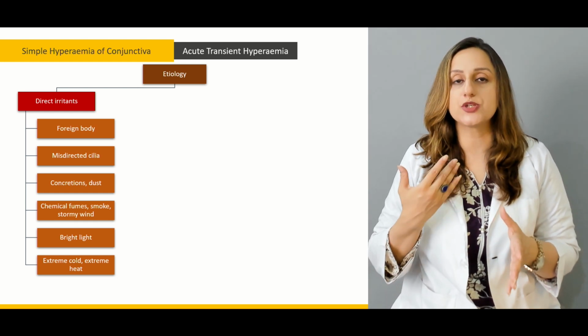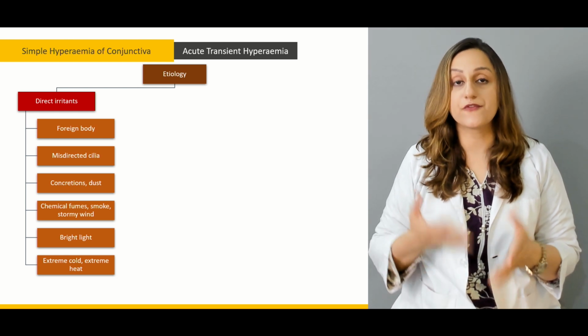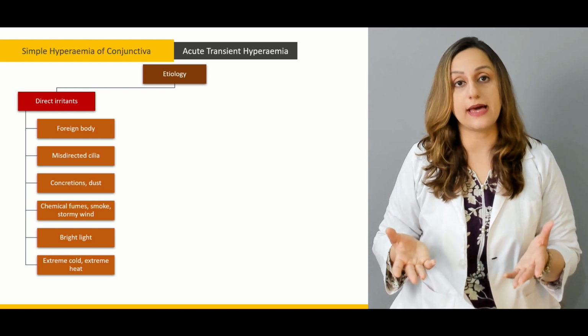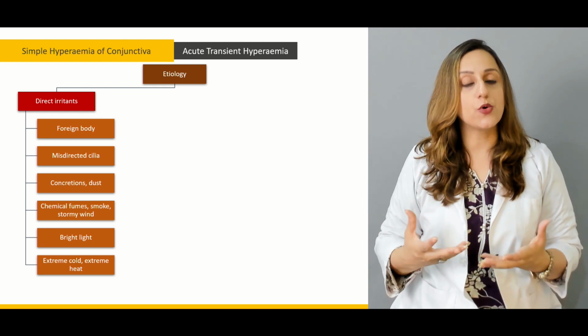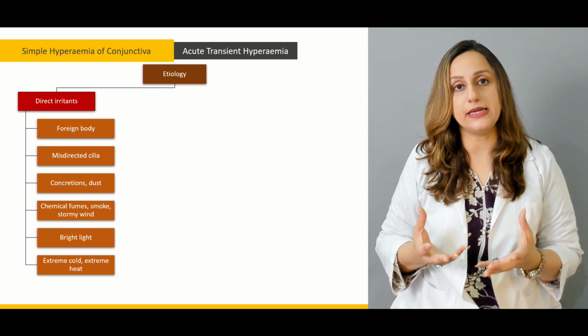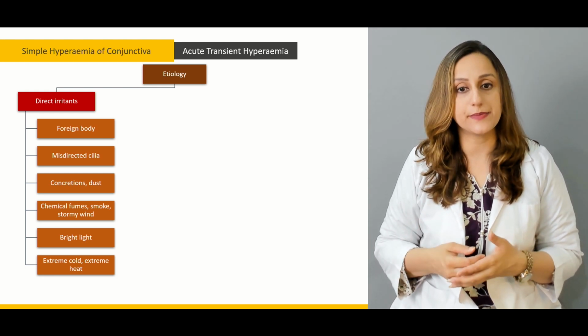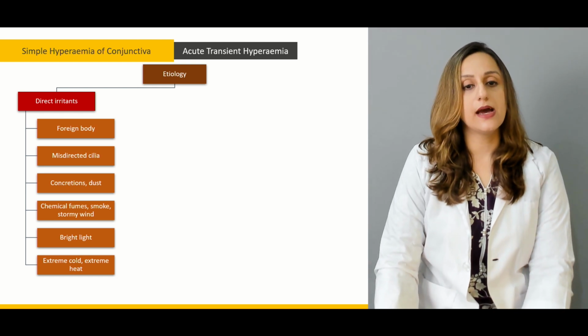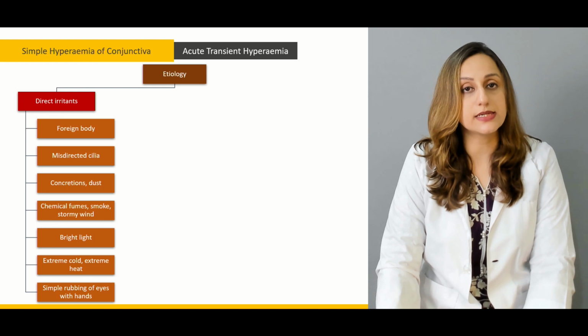We can advise the patient to avoid the known irritants and couple this with topical antibiotics and steroidal therapy. So these are the direct irritants that can cause such a transient hyperemia.